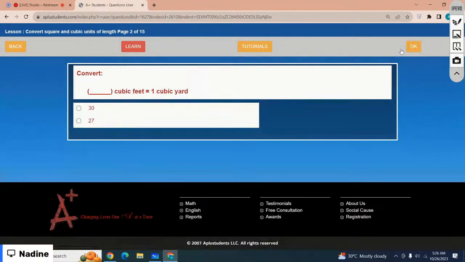Okay, the next one is 1 cubic yard equals how many cubic feet?